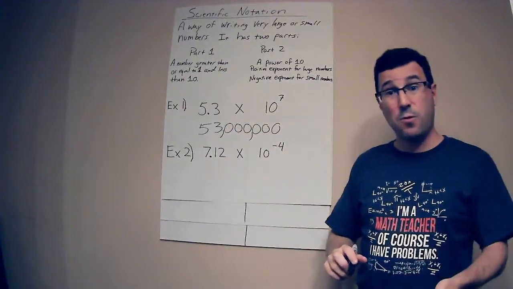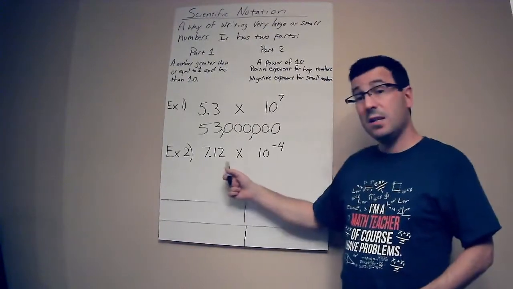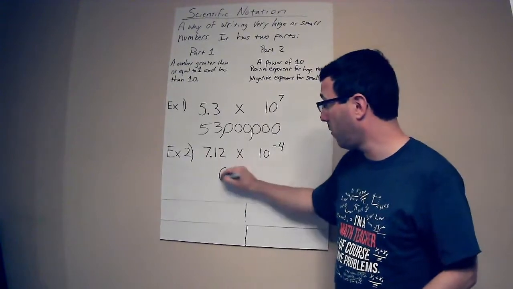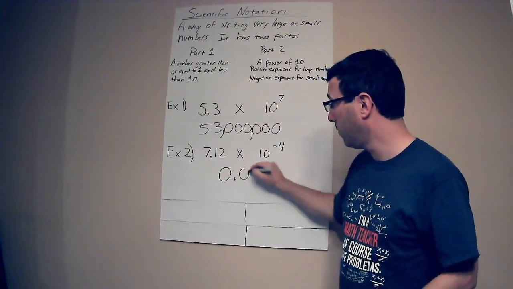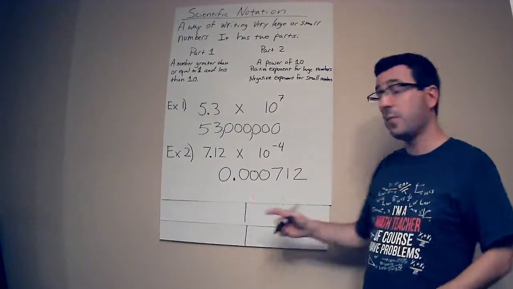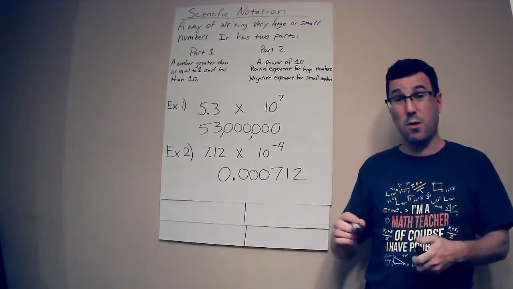Now I did that very quickly, but I'll show us in a minute how we can actually do that. 7.12 times 10 to the negative 4 is actually this number. So you see it's a very small number. It's between 0 and 1.